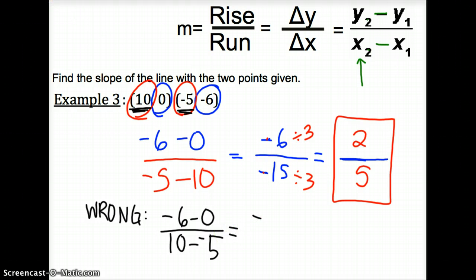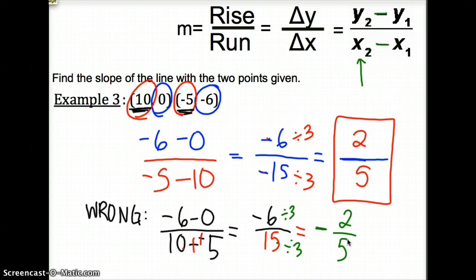I'm going to get negative 6 on top still, but on bottom, I'm going to keep change, just like I've been doing. 10 plus positive 5, I'm going to get 15. This is going to simplify still by dividing top and bottom by 3. So that step's the same. But I'm going to get a negative answer because a negative divided by a positive is a negative. I'm going to get negative 2/5.